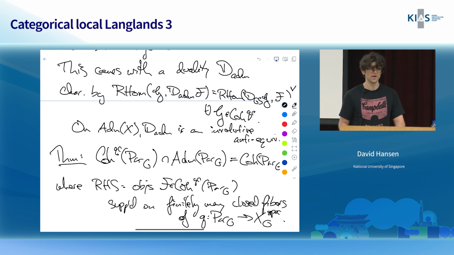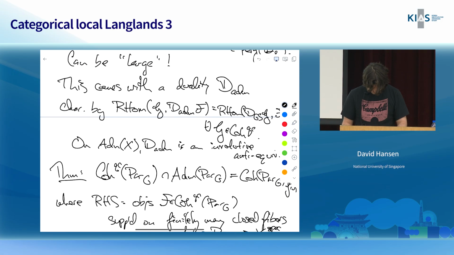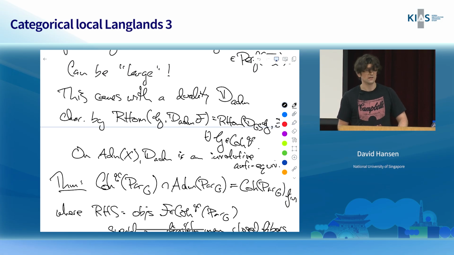By closed fiber, I mean fiber over a Q-l-bar point. Okay, so really fiber over a closed point. So this is like asking, obviously an object of co-QC upstairs can have very, very large support relative to the base, right? Imagine like the structure sheaf of a component. Here we're cutting out a very thin subcategory, just the stuff that lives on finitely many fibers, right? So this is a small subcategory. And I claim these coincide. So if you want something to be in co-QC and admissible, it's the same as imposing this kind of down-to-earth condition.